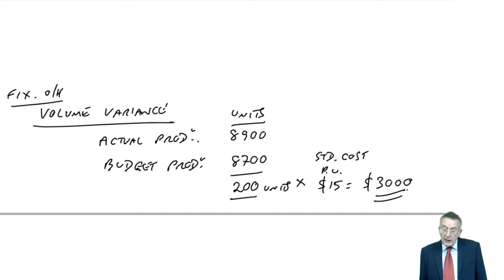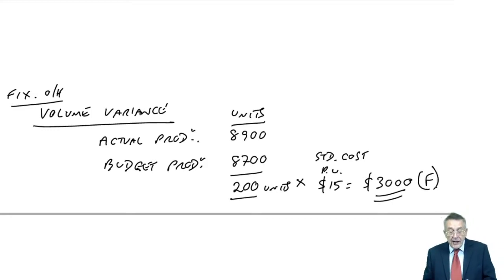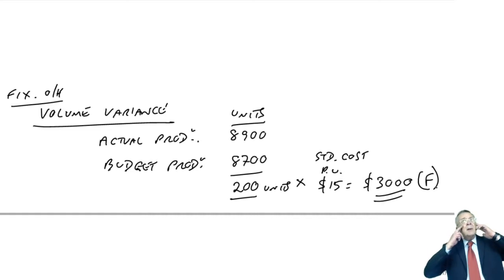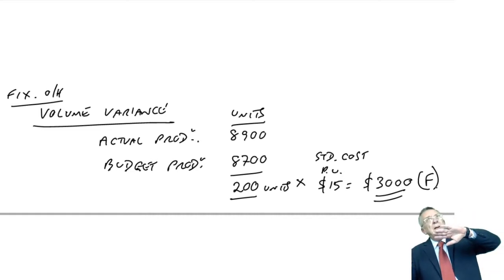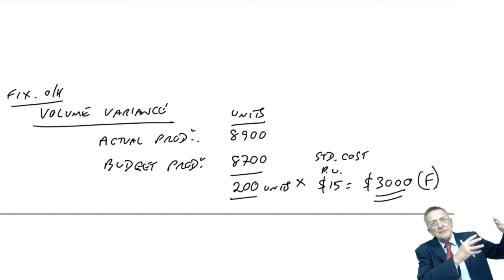Well, this here is favourable, and the strict reason is, think about it, if you produce more, the fixed overheads per unit strictly should be less, and if the cost per unit is less, profit's higher.